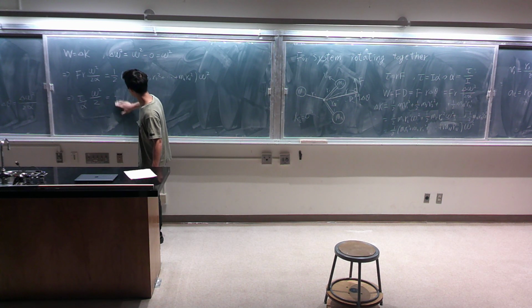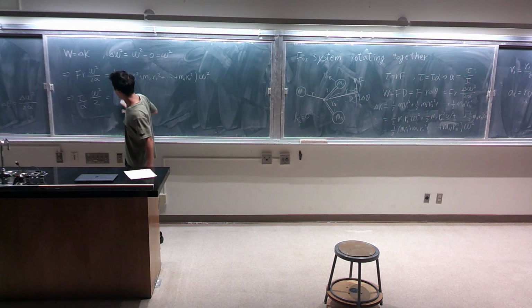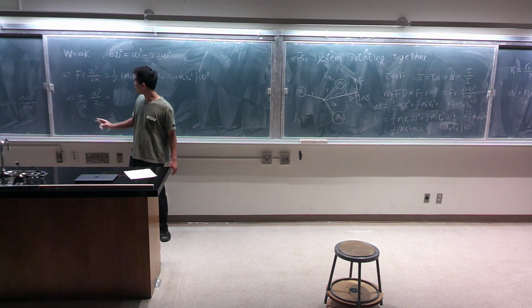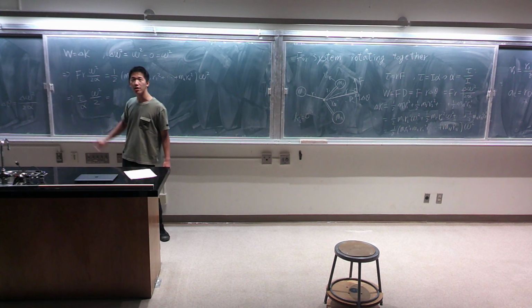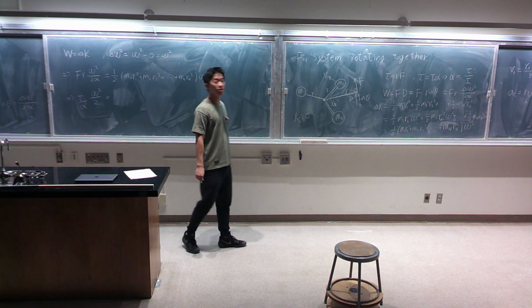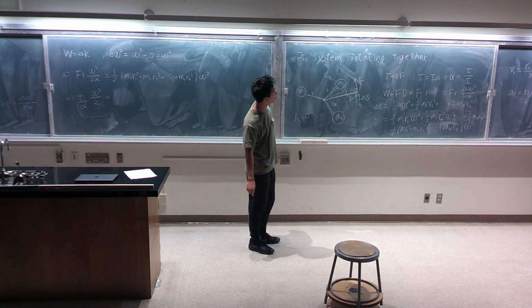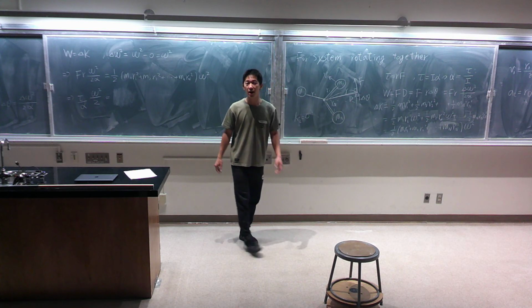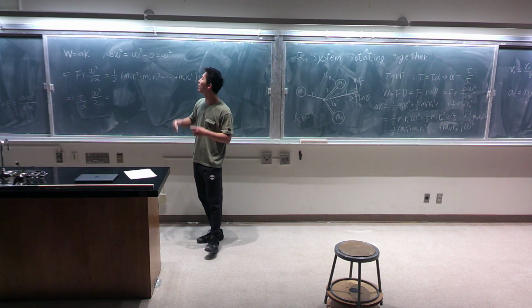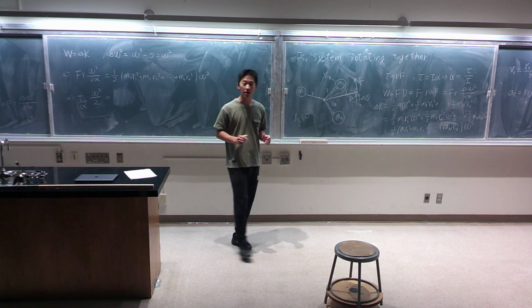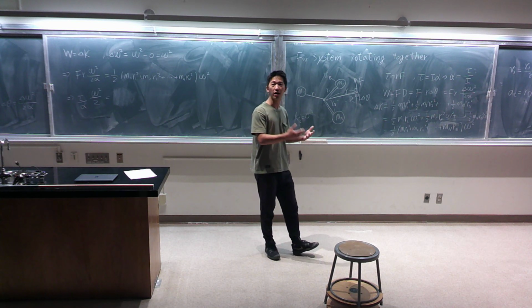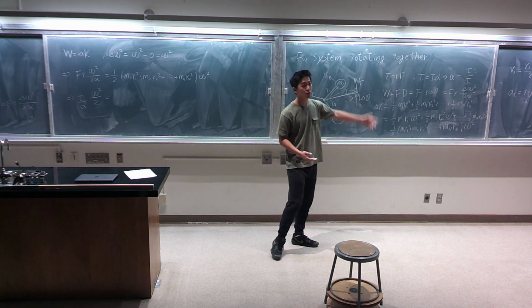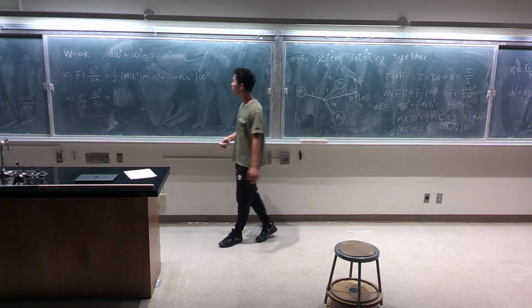Let's simplify this first. What is the torque divided by angular acceleration? Torque causes angular acceleration by torque equals I alpha. So if I divide torque by angular acceleration, what will I get?